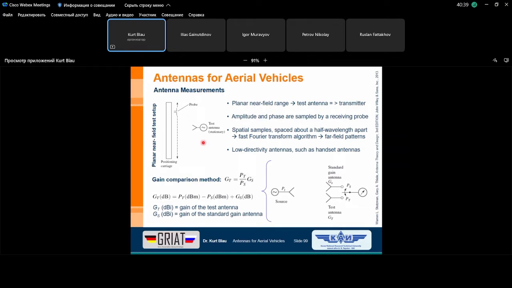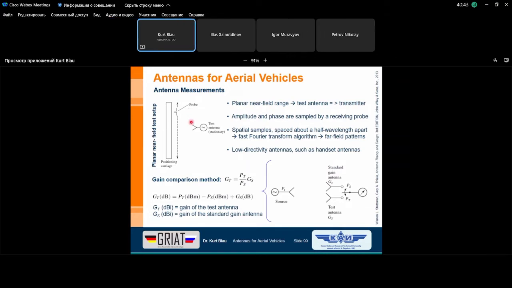And normally for this measurement method, we use more or less planar antennas, for instance microstrip antennas, microstrip arrays, because this type of antenna is from its nature very close to this compact measurement setup.